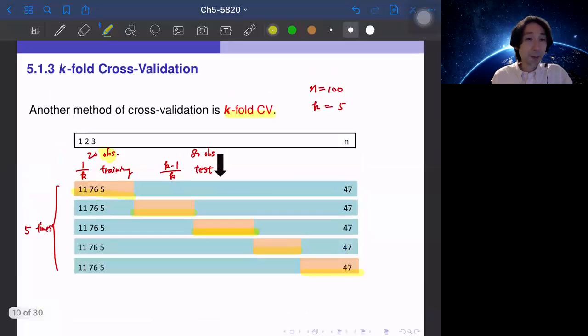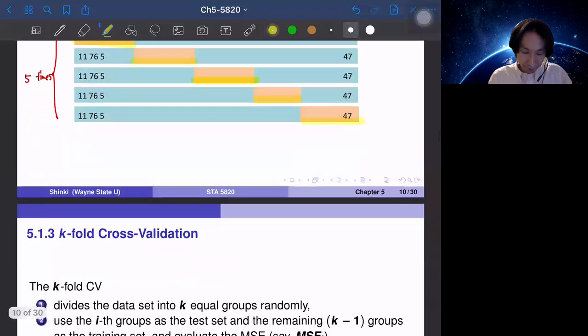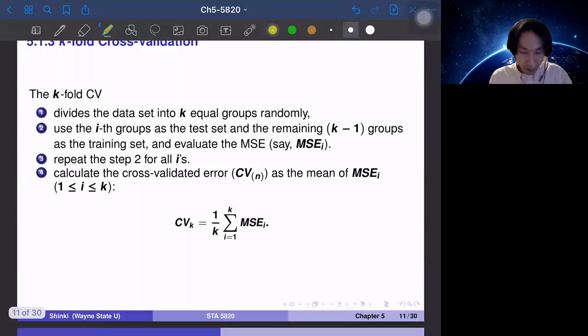It's a fixed number. It's good. Leave-one-out cross-validation needs n times more time to compute, and it really depends on the sample size. So k-fold is good. It's not too computer intensive.